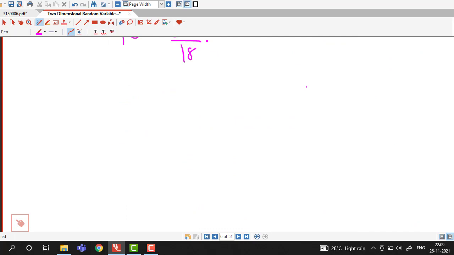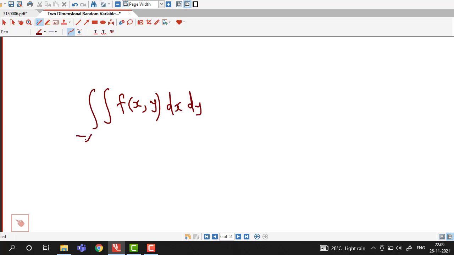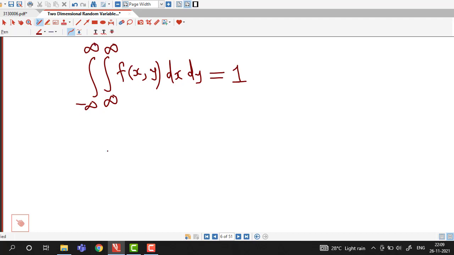we have to remember all these formulas appropriately. So here we have used almost all the formulas. We have used the property of joint density function to find out value of k. We have used this property that if f is joint density function, then this integral must be equal to 1. Also we have used the definition of marginal density.